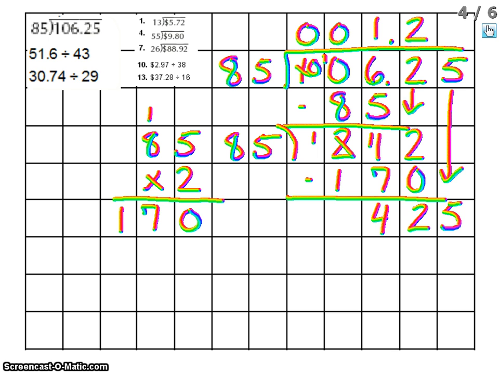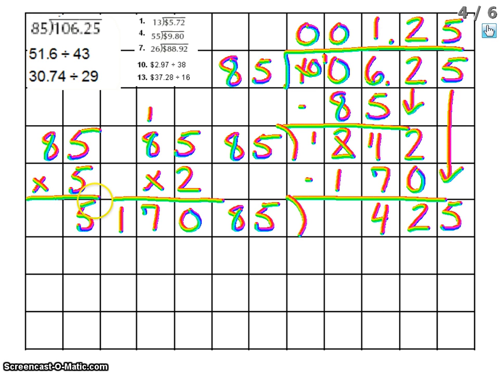So now I have 85 going into 425. Start dividing again. 85 into 425. I'm going to say it's going to go 5 times. 5 times 85, I'll have to do that off to the side. 5 times 5 is 25.